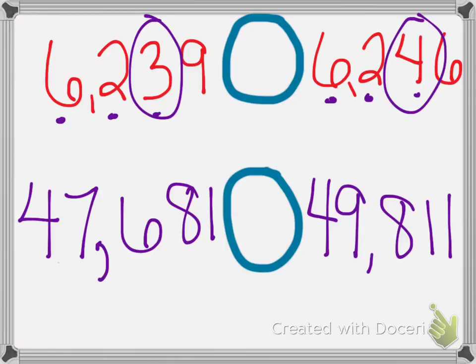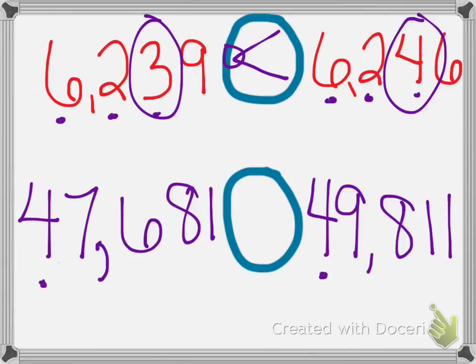So my choices are less than, greater than, or equal to. I do see that the 3 is less than 4, and so I want the tiny tip to be closer to the smaller digit. So overall, 6,239 is less than 6,246.